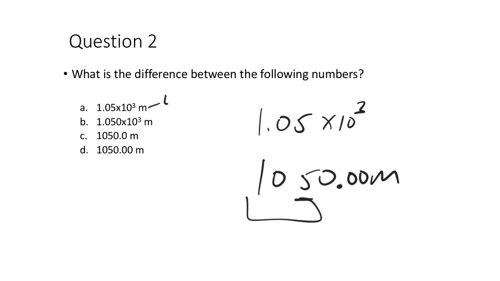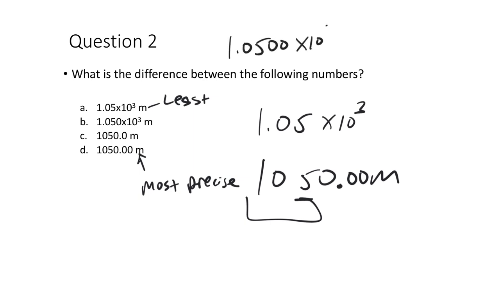So this would be the least precise number, and then this value here is going to be the most precise. And then if I were to write, say, this number here, that this number here would be 1, 2, 3, 4, 5 digits are significant. And so this would match 1, 2, 3, 4, 5 sig figs here.